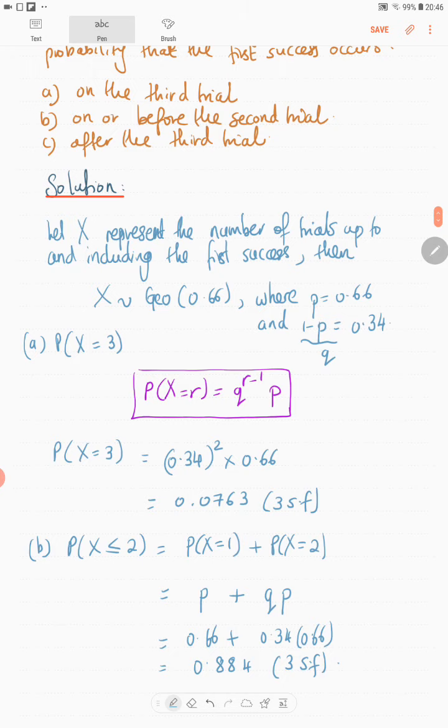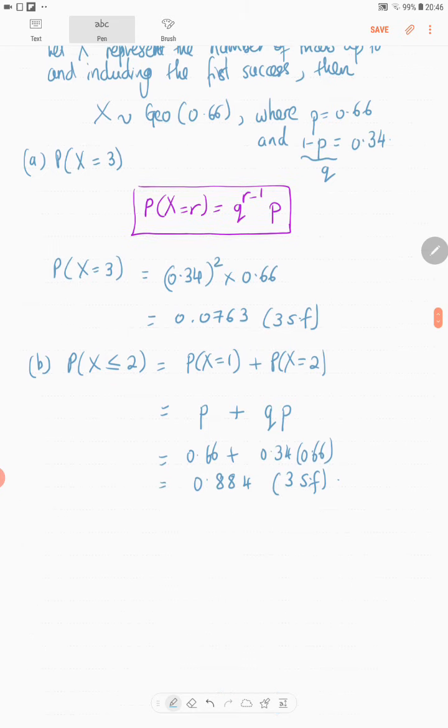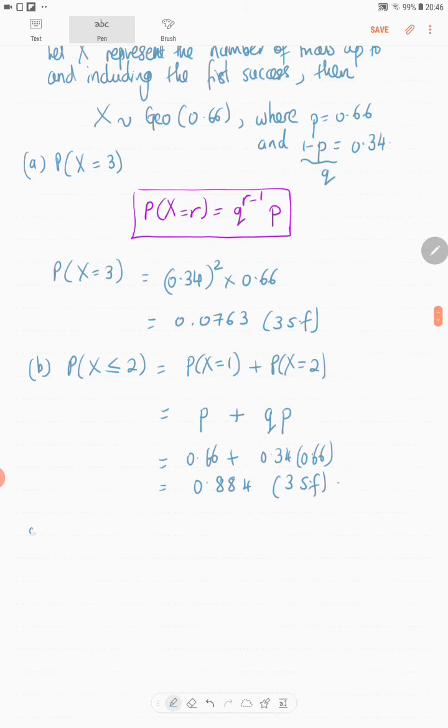Now let's see the last part. The probability that the first success occurs after the third trial. So here, after the third trial, that is probability X is greater than 3. So we have to do 1 minus probability X is less than or equal to 3.